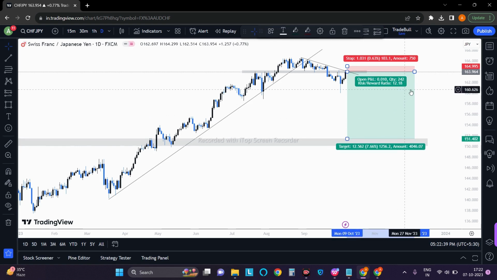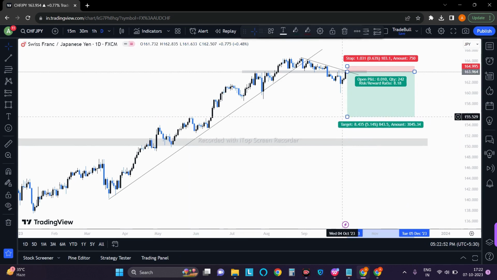So you can see it's a mega 1:12 risk to reward ratio. Even if I plan to exit here, because this is also a small resistance, even then it is 1 to 8. So this is a mega trade, because if you win, you win 8 times more than what you risk, and such trades are rarely found.